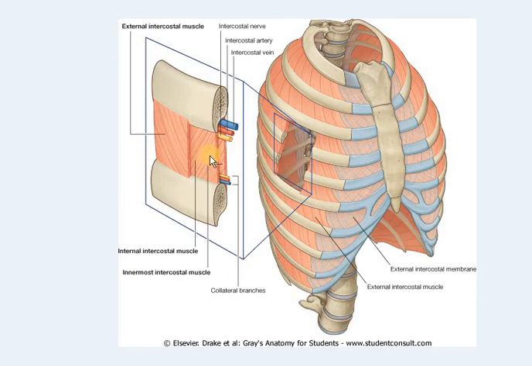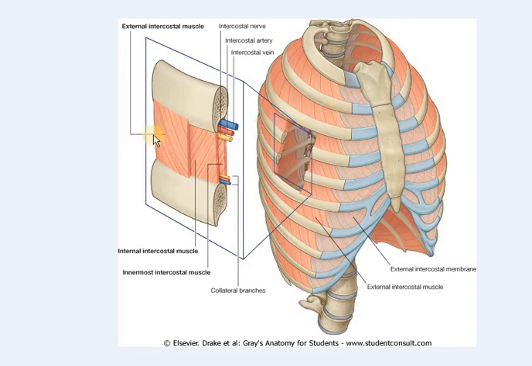Now, what is the action of the intercostal muscles? The main action of the intercostal muscles is to prevent intercostal spaces from being drawn in during inspiration or from bulging outwards during expiration.